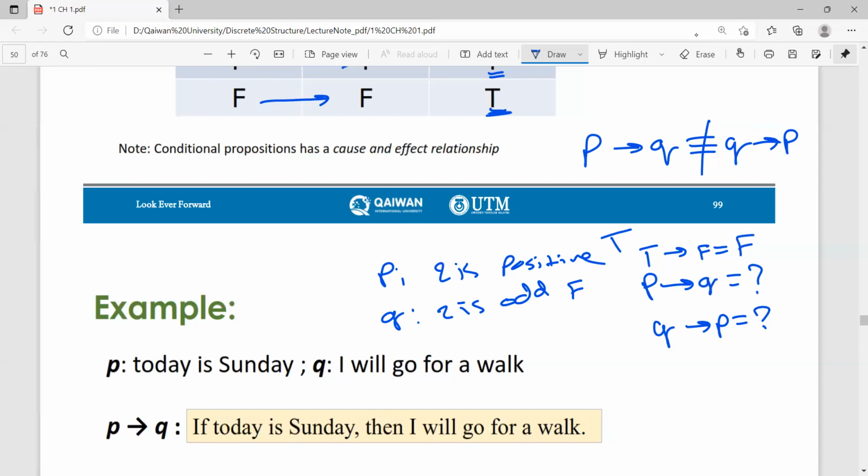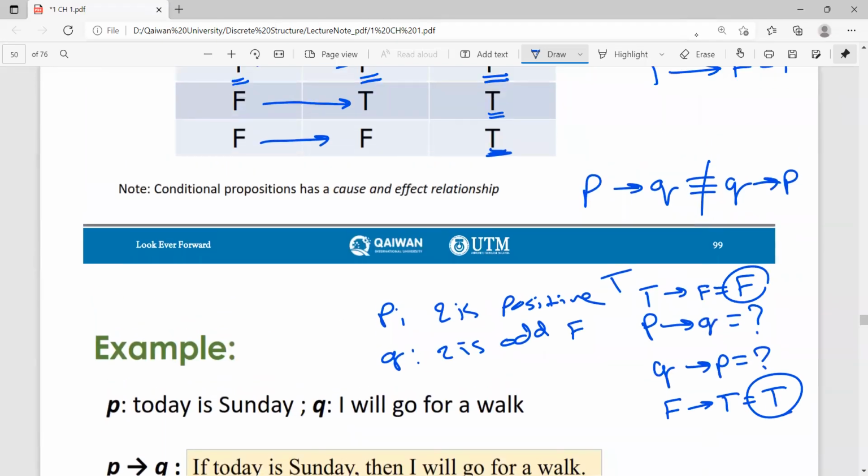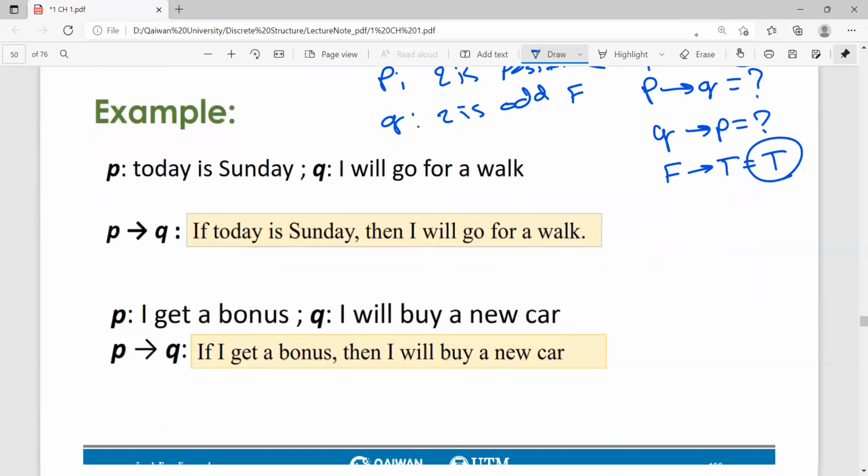But for the second one, it is false, then true. Since P is true and Q is false, so it's false to true, it is true. Look, we get 2 different results. That's why we say P then Q is not the same as Q then P. Okay? These are not equivalent.